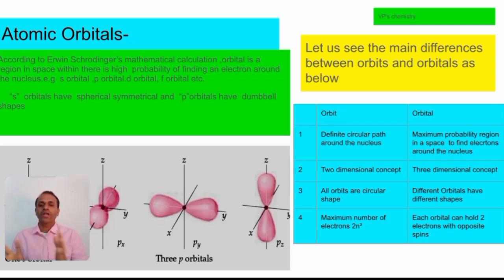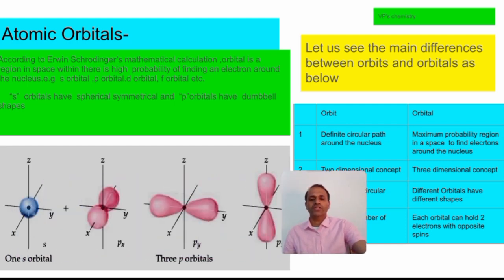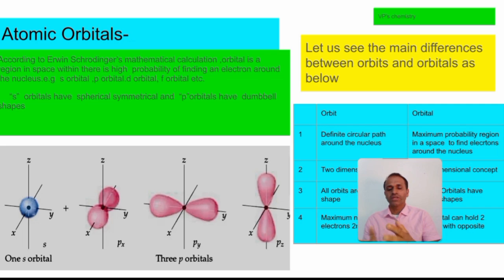The s orbital always has a spherically symmetrical shape, and the p orbital has a dumbbell shape. Here you can see the shapes of the two kinds of orbitals. There is only one s orbital, and it is oriented equally along the three axes x, y, z.